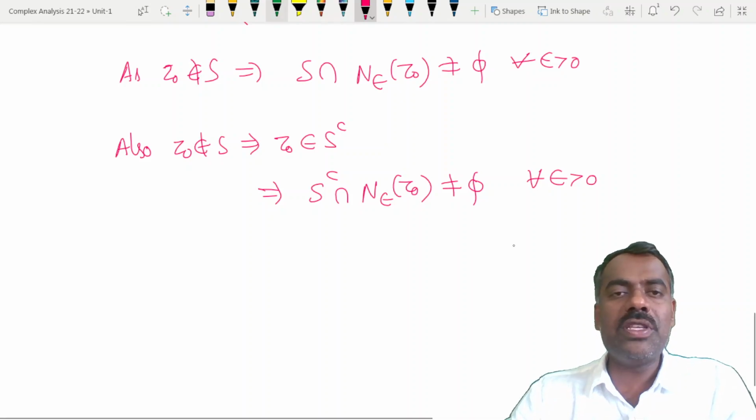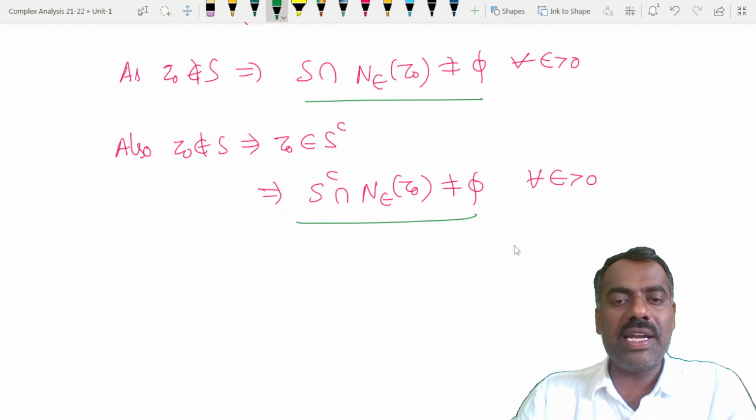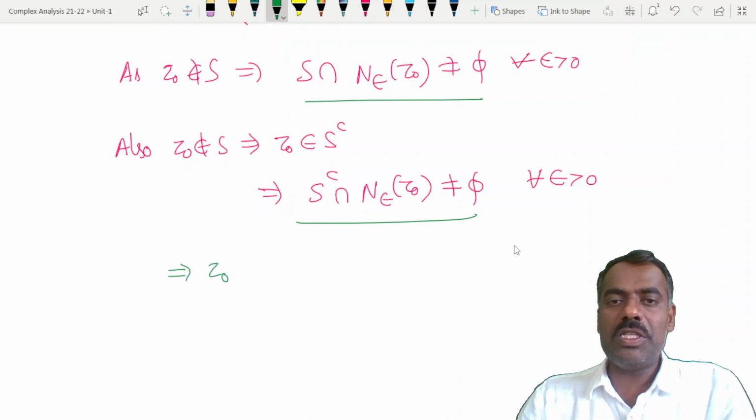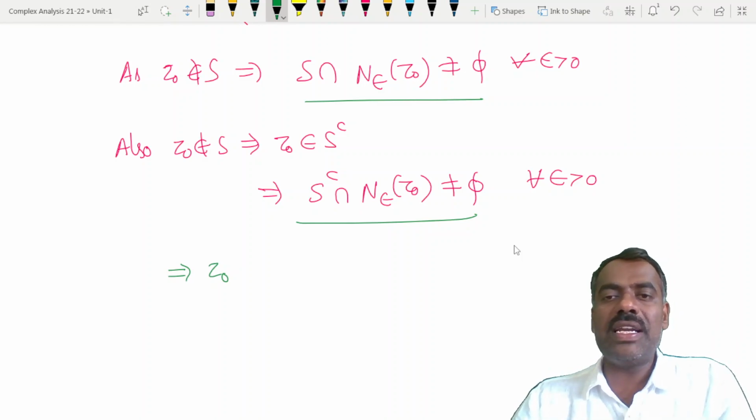So if you observe these two statements, what will you get? What can you say about this point? Which point satisfies these two conditions? Z naught. What can you say about this Z naught? Z naught is satisfying this N epsilon of Z naught intersection S is non-empty.